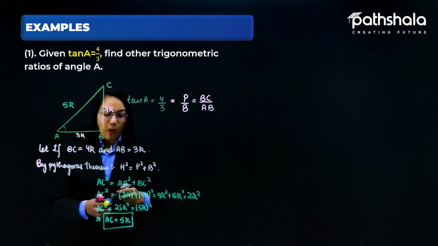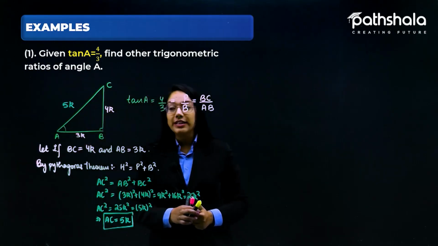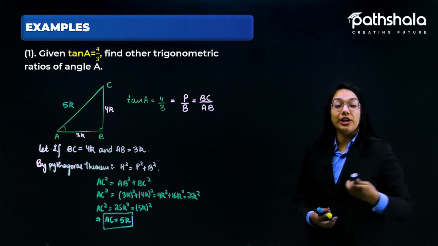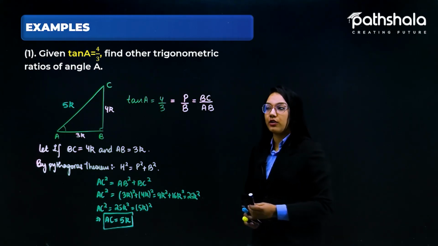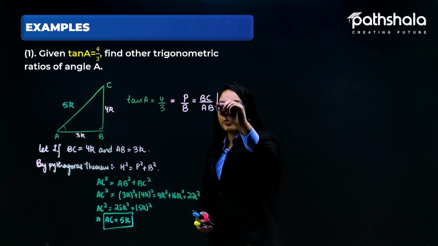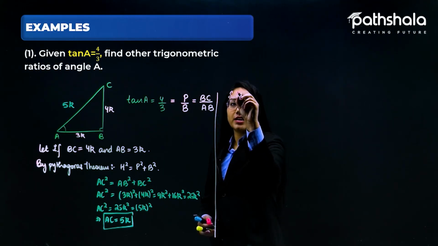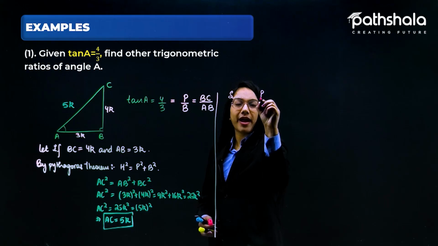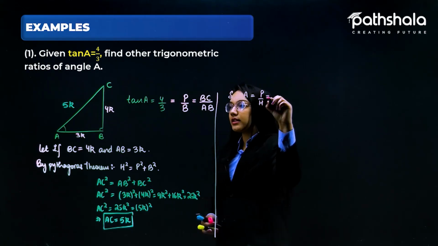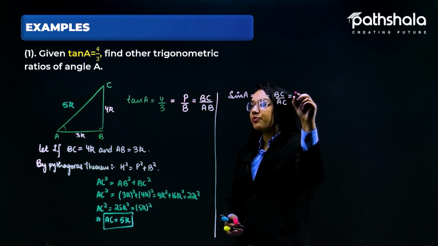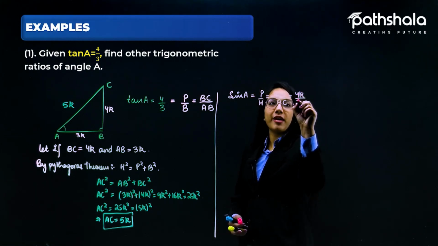Now we know all the side lengths of this right triangle, so we can find the other trigonometric ratios. Let us start with sine of A. Sine of A is perpendicular by hypotenuse, so it is BC divided by AC, which is 4K divided by 5K.